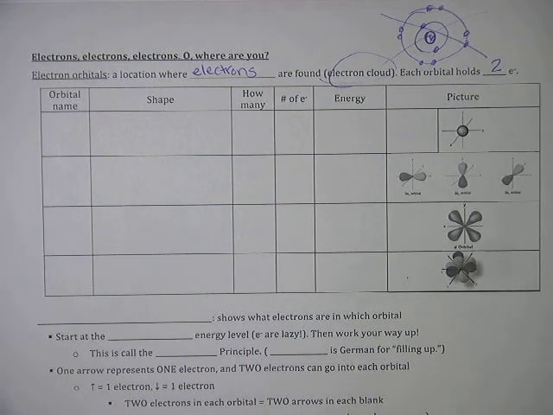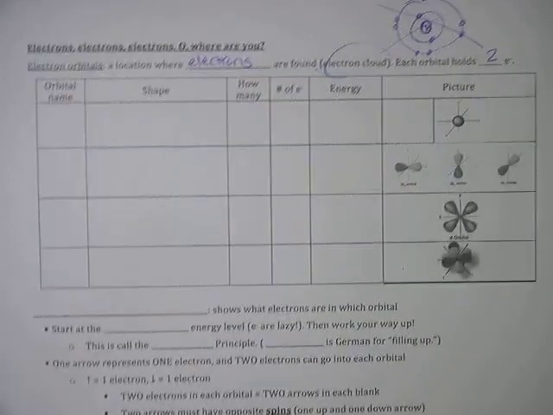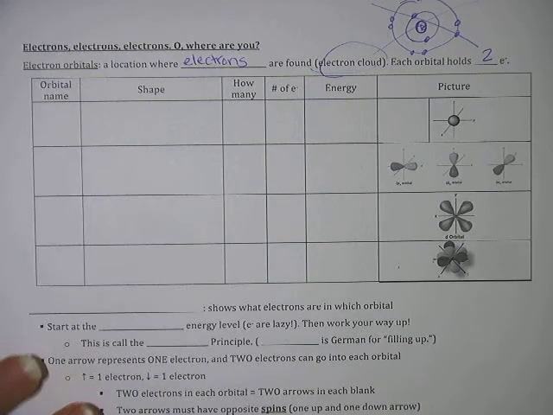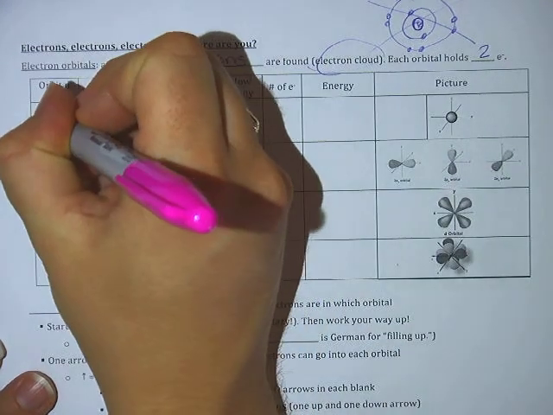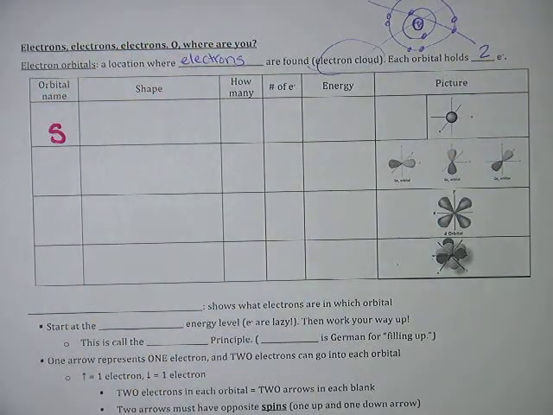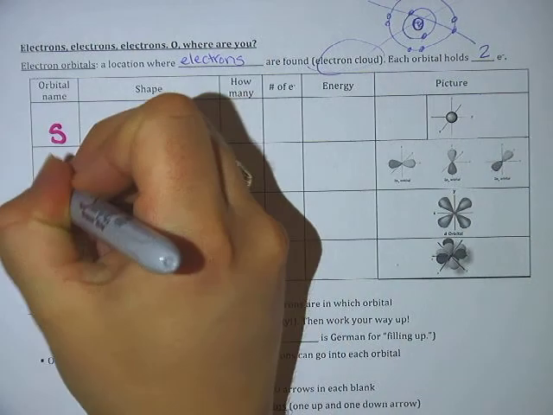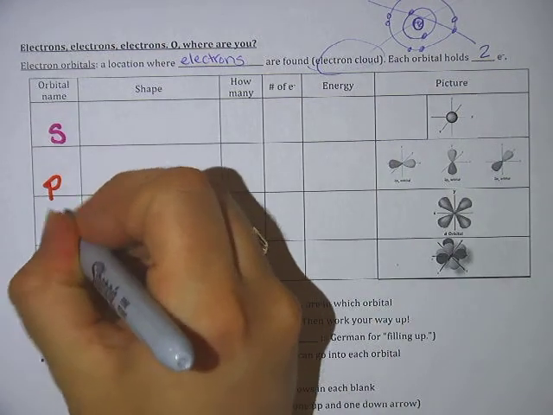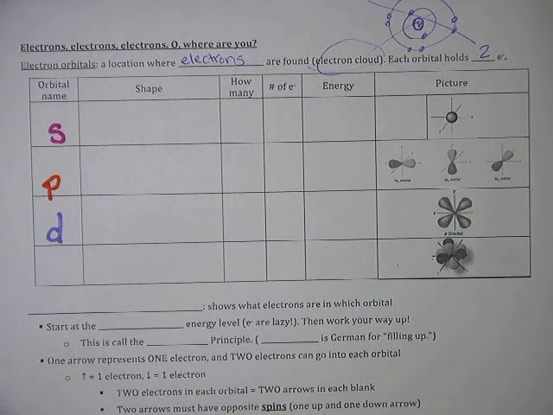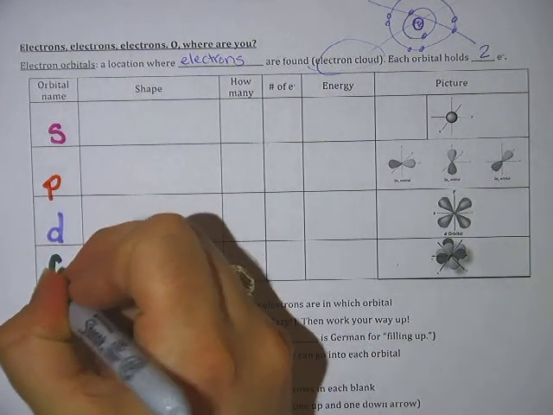Now there are 4 kinds of orbitals, and this is where we're going to start our color coding. There are 4 kinds of orbitals, and they're all named after letters. So we call them s, and this is a lowercase s, and p, and d, and f, and these are all lowercase letters.